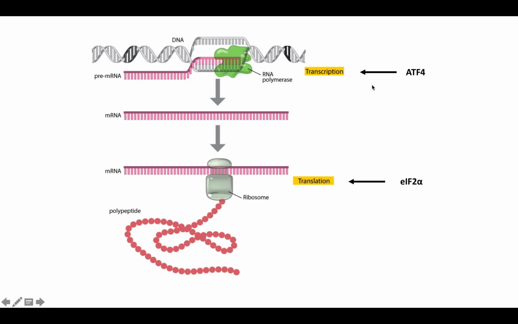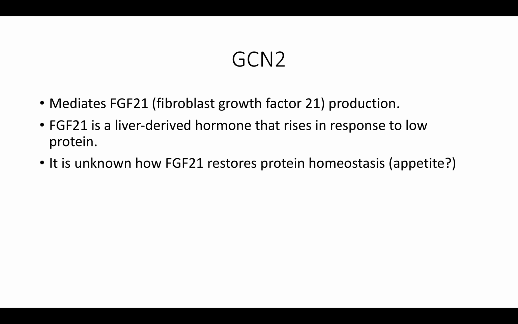So when this is inactive, transcription will be inactive. And same with EIF2 alpha. When it is active, we have active translation. When it's inactive, by phosphorylation, we don't get any translation of messenger RNA to protein.